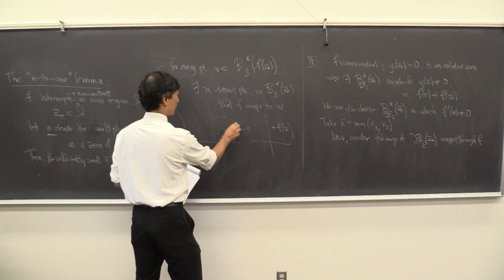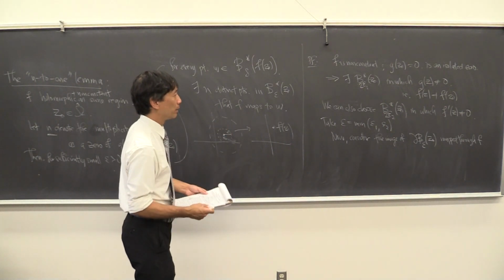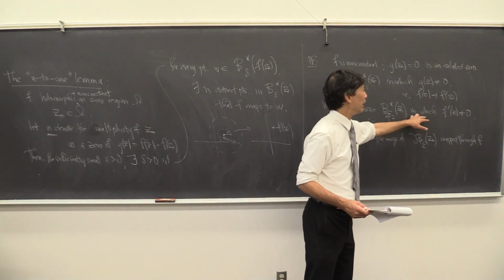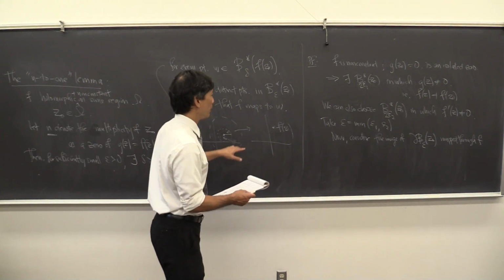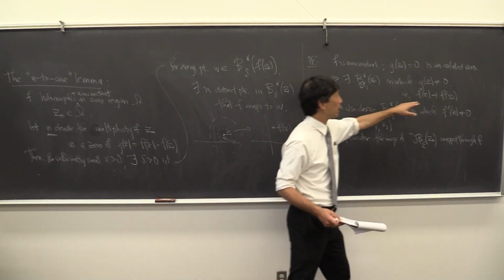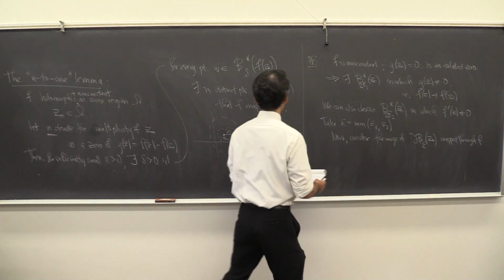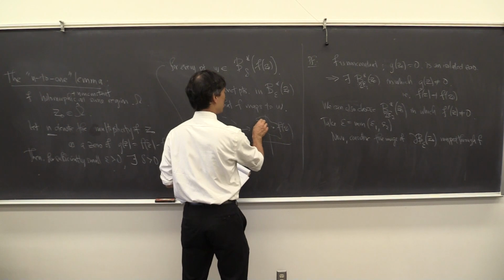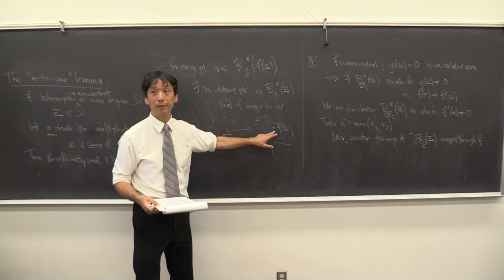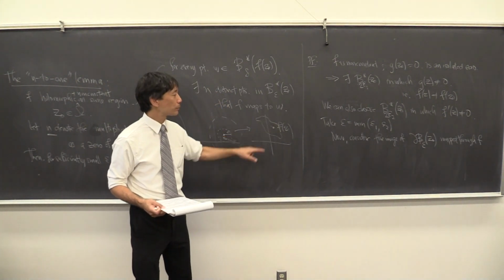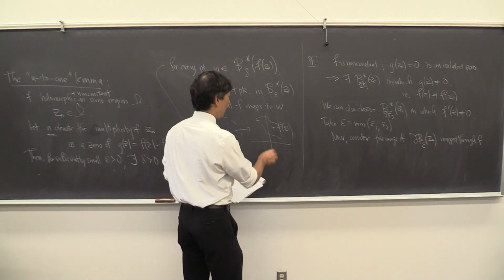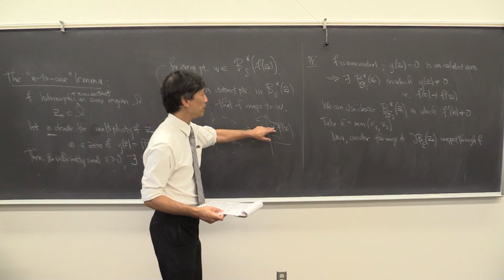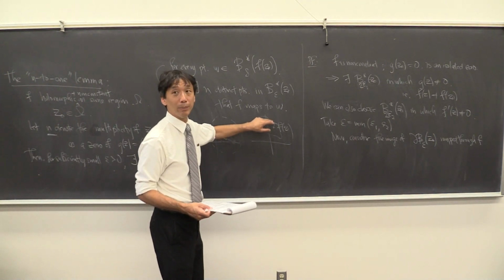So look at the image of the boundary mapped through f. We know that that's not going to hit f of z naught, so that gives me something that goes around f of z naught. Let delta be the distance of f of z naught to that mapped boundary.